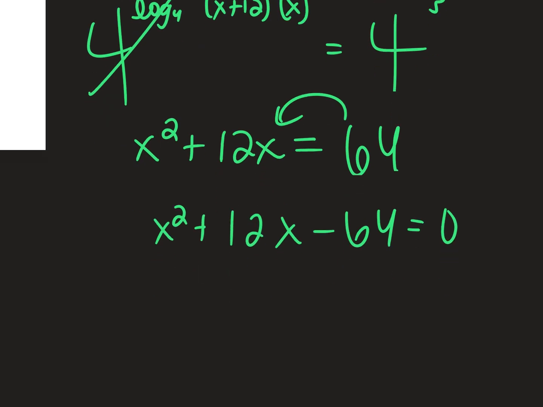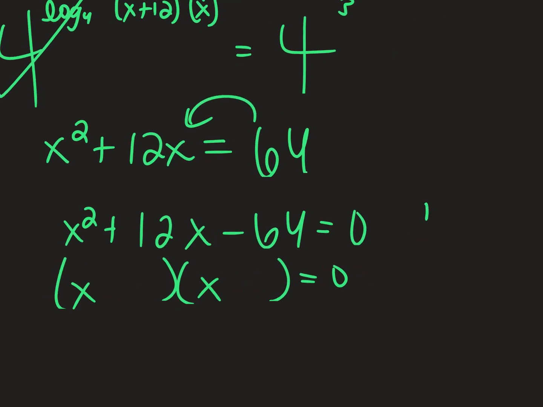All right, so now we have to do what? Factor? Are there factors of 64 that'll multiply to give me 64 but add to give me 12? 1 and 64, 2 and 32, 3, 4 and... What's 16 times 4?